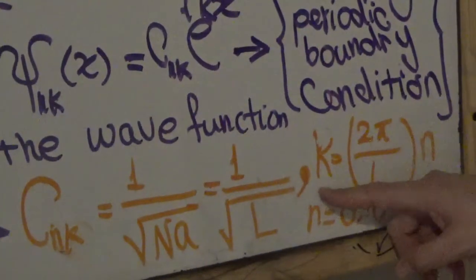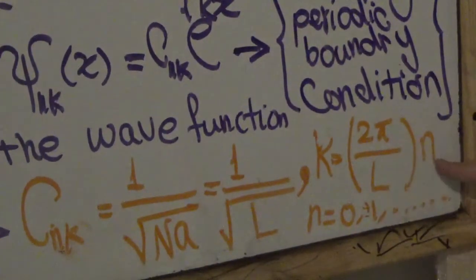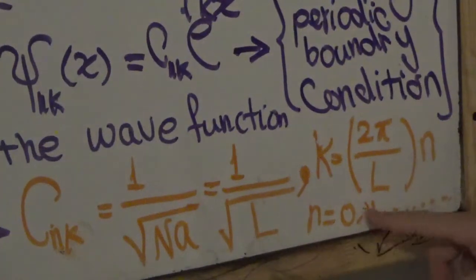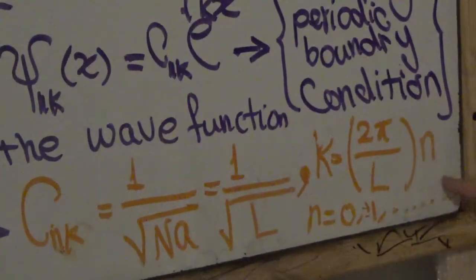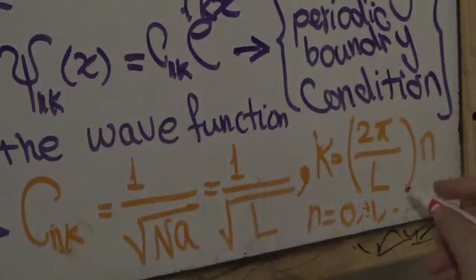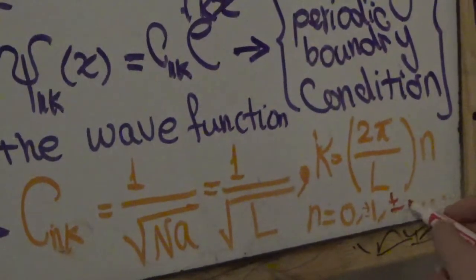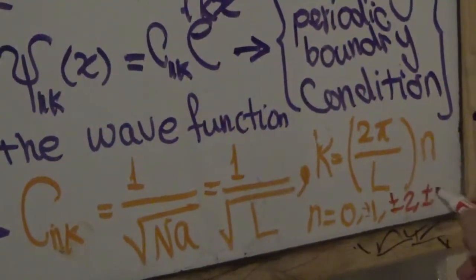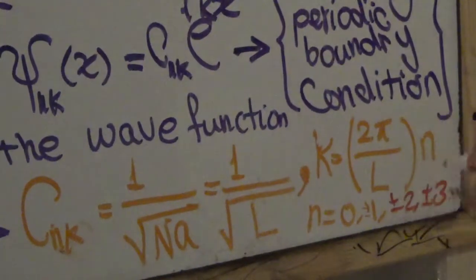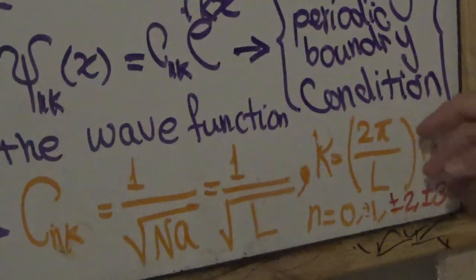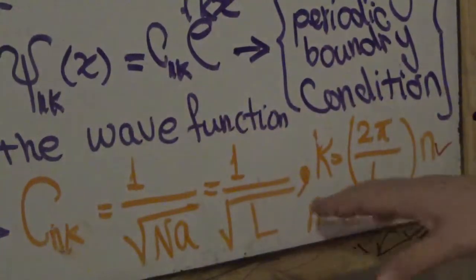And k is equal to 2 pi over L times n, where n is equal to 0, plus or minus 1, plus or minus 2, plus or minus 3, and so on. So this is a number, this is a constant. That's very nice.